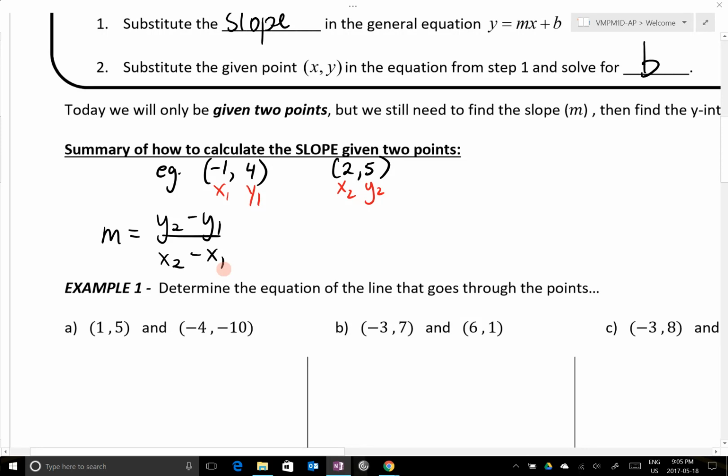Substitute your values. So the slope is 5 minus 4 divided by 2 minus -1. 5 minus 4 is 1, and 2 minus -1 is 2 plus 1, which is 3. And there's your slope.